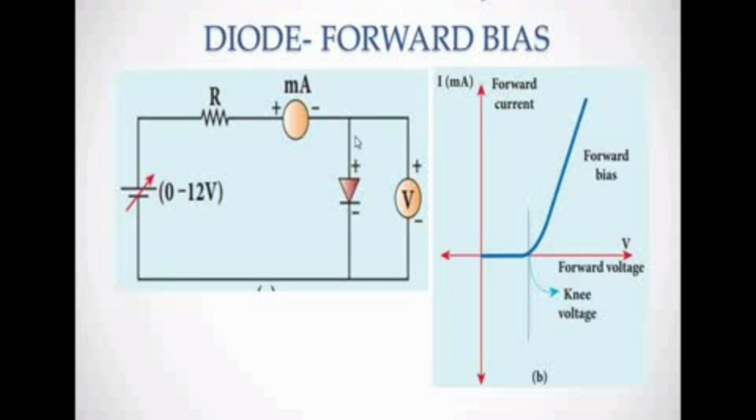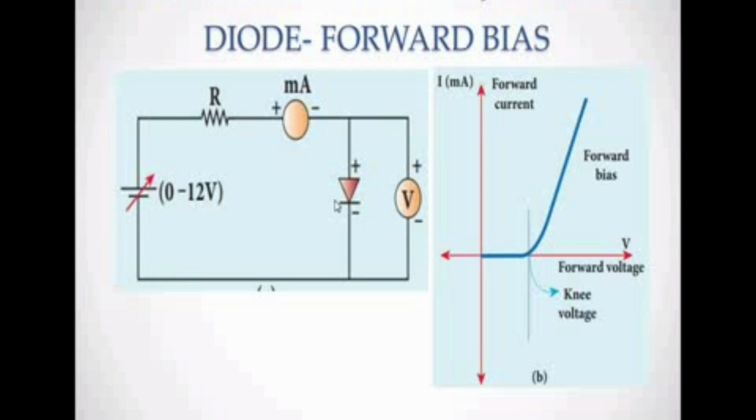Negative is connected to negative and positive is connected to positive, so here the diode is in forward bias condition. Gradually we increase the voltage. To measure the voltage, we connect the voltmeter here, and to measure the flow of current, we use the milliammeter. As the potential increases, the flow of current also increases.